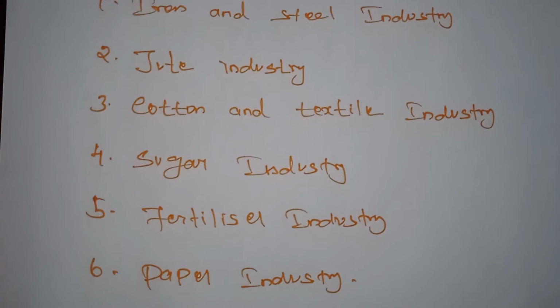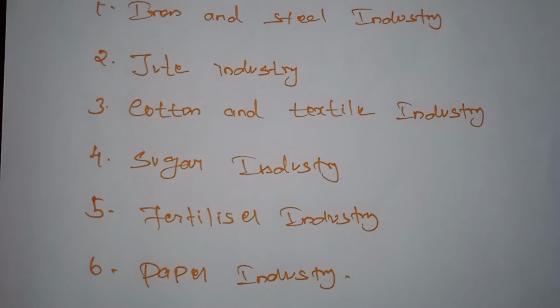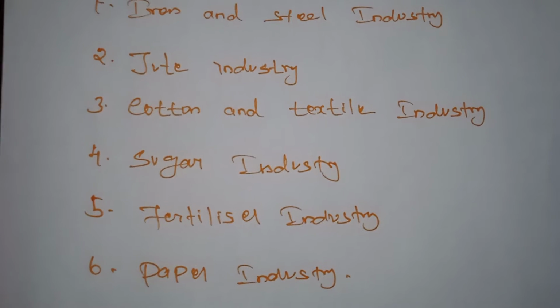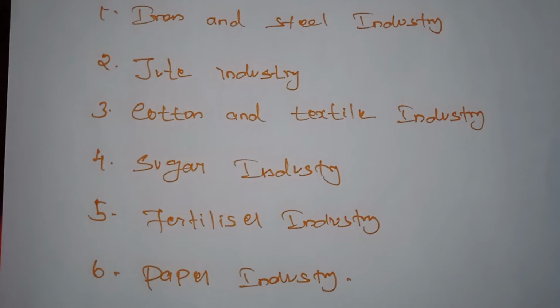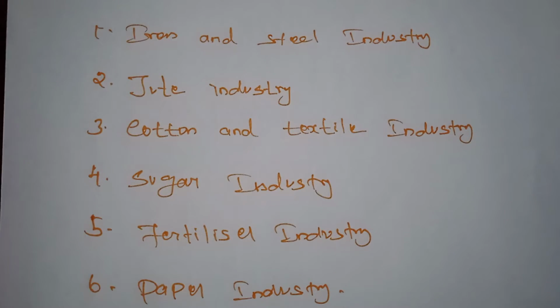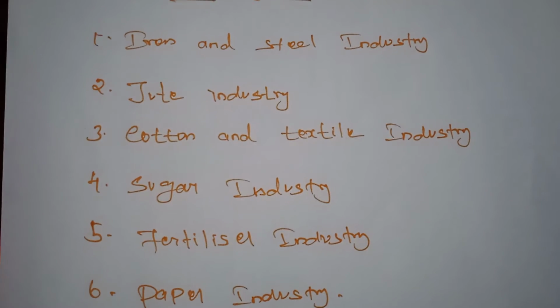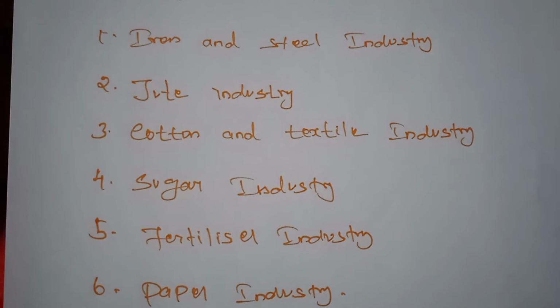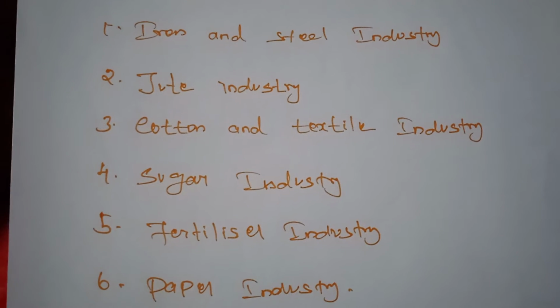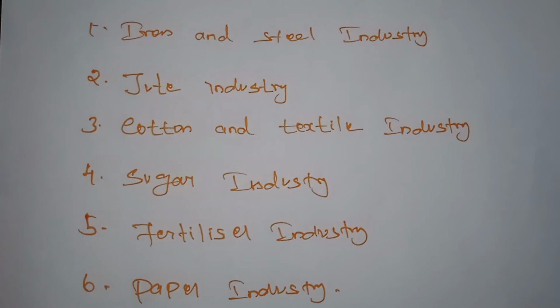Next, jute industries. The jute industry is one of the important industries for a country like India, mostly in developing countries. Not only does it earn foreign exchange, but it also provides substantial employment opportunity in agricultural and industrial sectors.